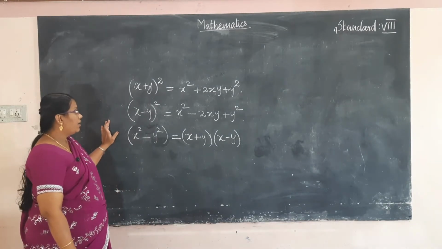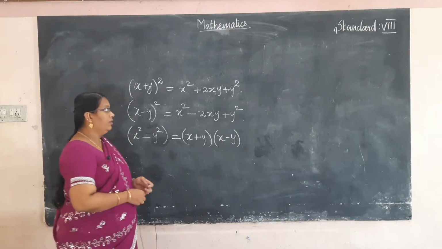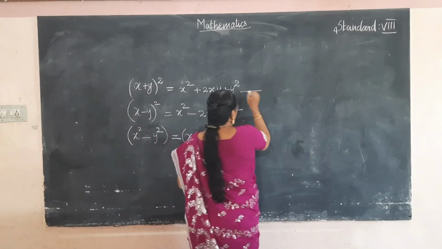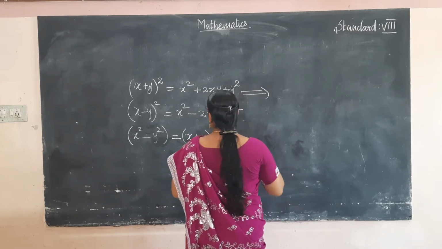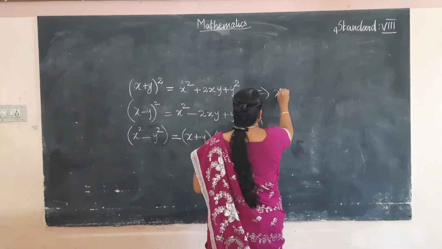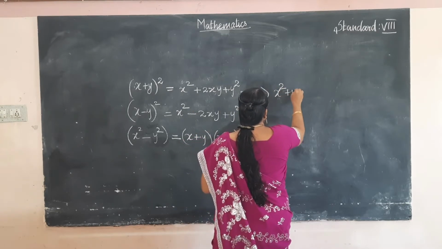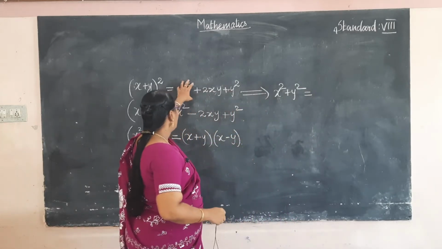Identities. Okay, so from these identities we make another formula that is called the reducing identities, or reduced identities. From this formula we have to find the value of x squared plus y squared.